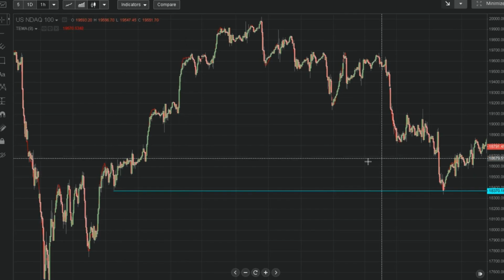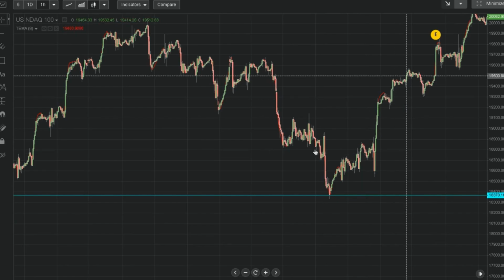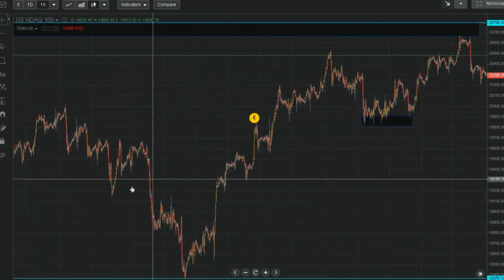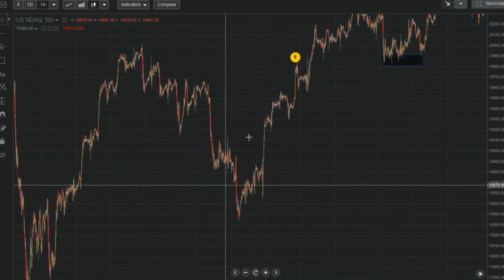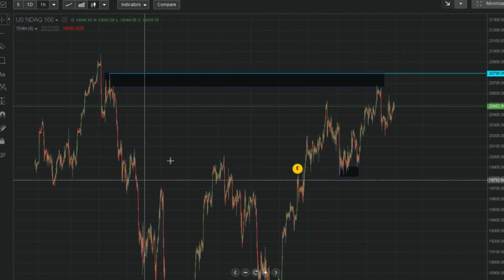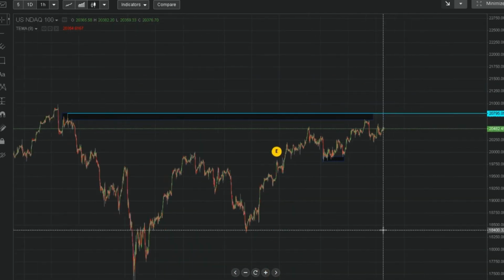Here, swept. Break of structure, and we go up. This happens every time on the charts. It's so funny how most of the time this works.